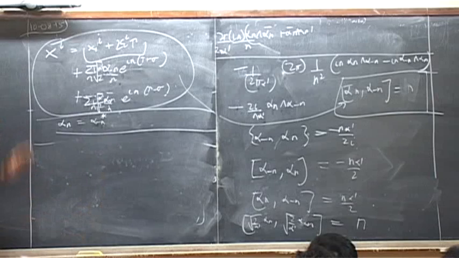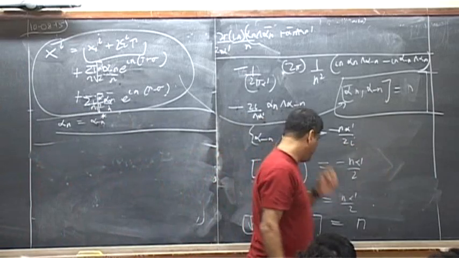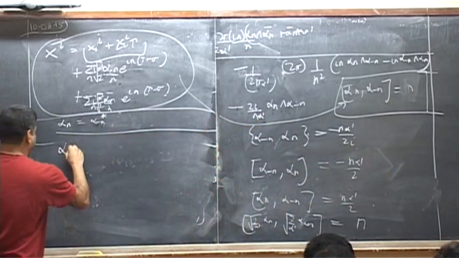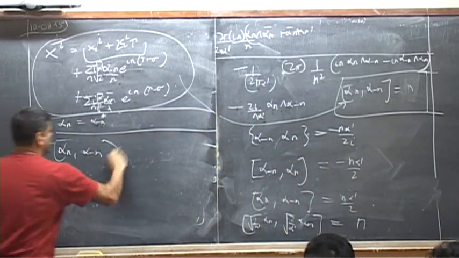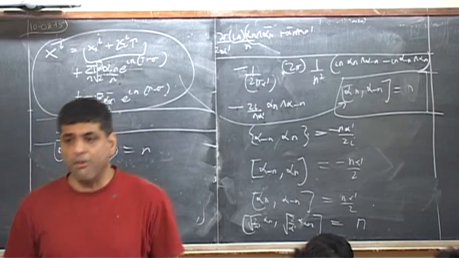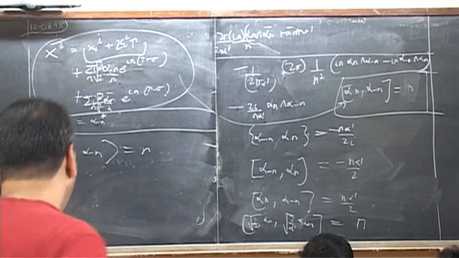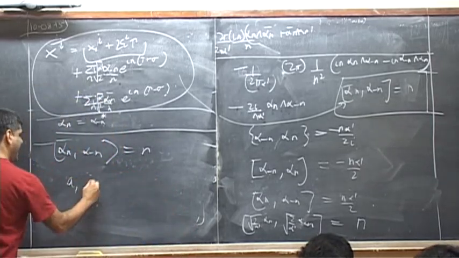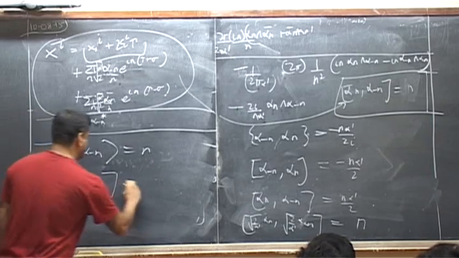We'll etch it in stone. And we've got these beautiful commutation relations: the commutator of alpha n and alpha minus n is equal to n. Now let's compare with the commutation relation for harmonic oscillators. You know that the commutator of a and a dagger is equal to 1.